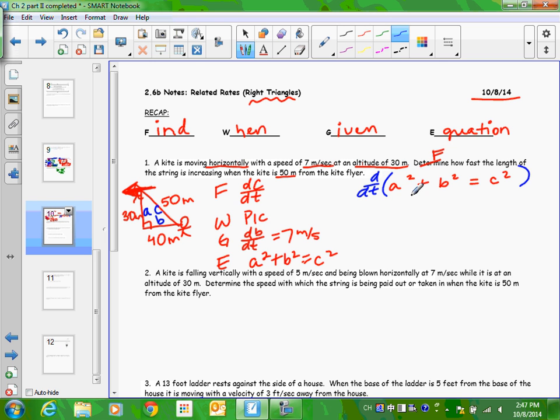So what do you think the derivative of A squared is? 2A dA over dt. Okay, B squared would be 2B dB over dt. C squared is going to be 2C dC over dt.